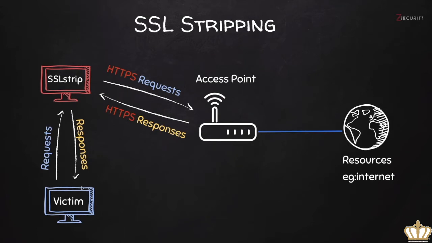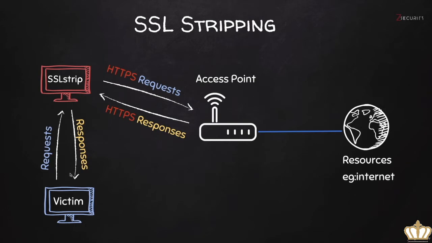In HSTS, the browser knows that this website, for example, facebook.com, should always be loaded over HTTPS. So even before sending this request to us, it'll always send it in HTTPS, and it'll only accept it if it comes back as HTTPS.